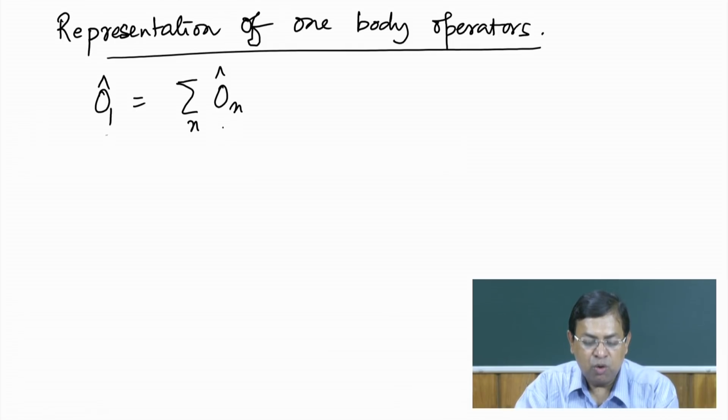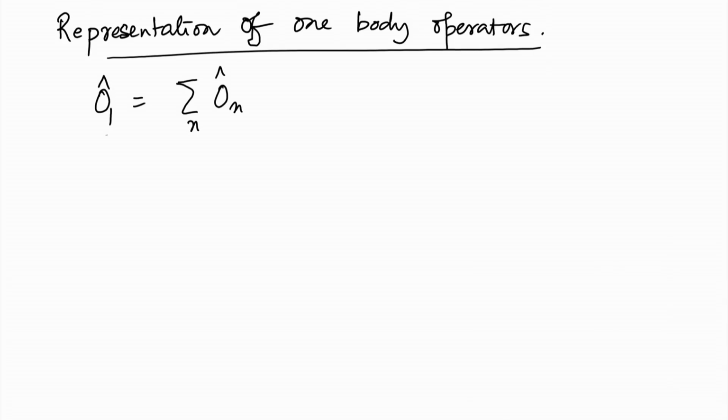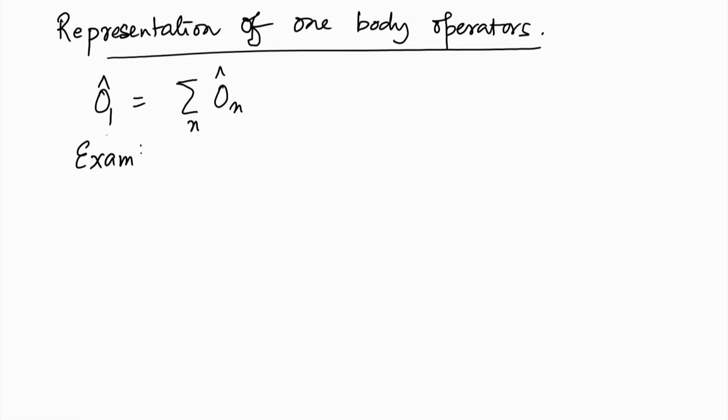So, it is a summation over such operators for n particles, where n is any number, in principle can go from 0 to infinity. And so, I am writing down a one body operator as a sum of the one body operators of a system, where n refers to the number of particles or any other quantum number that is relevant for the problem. And similarly, one example is the kinetic energy operator.